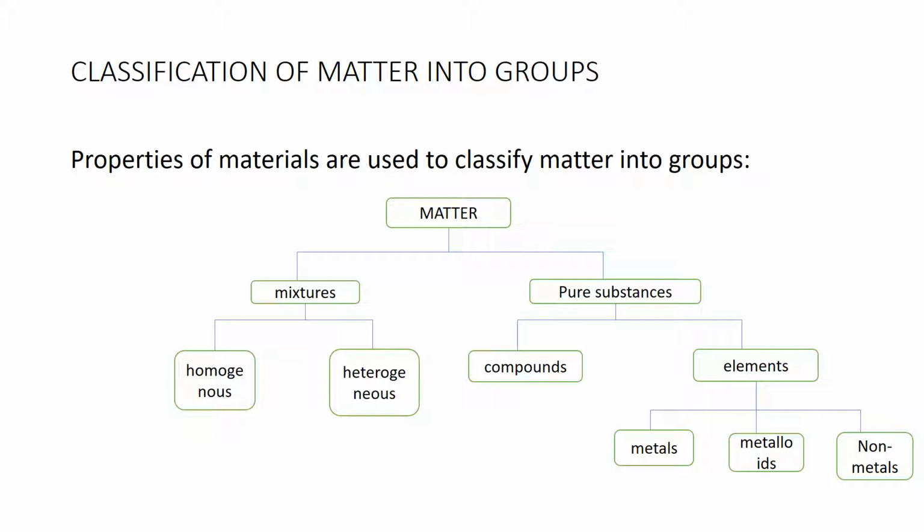And we are going to see as we continue what the difference is between compounds and elements. Elements can be further classified into metals, metalloids, and nonmetals. So we're going to see how to look for metals, metalloids, and nonmetals in the periodic table.